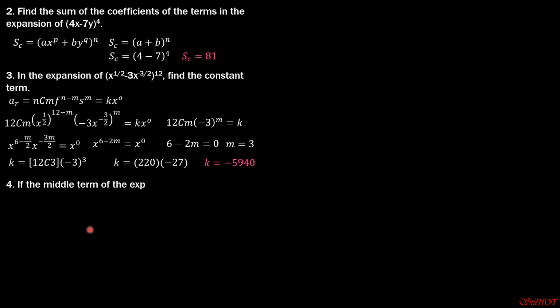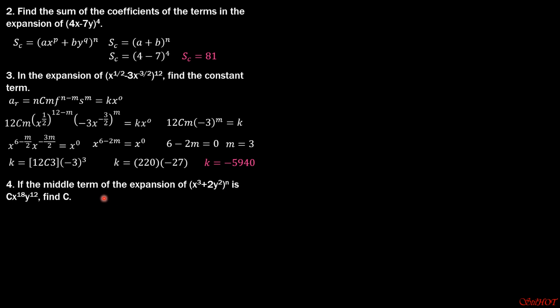Problem 4, if the middle term of the expansion of quantity x cubed plus 2y squared raised to n is a constant times x to the 18, y to the 12, find that constant c. So our term again is nCm, first term raised to n minus m, second term to the m, and we equate it to this middle term here. So n is unknown, first term x cubed, second term 2y squared.